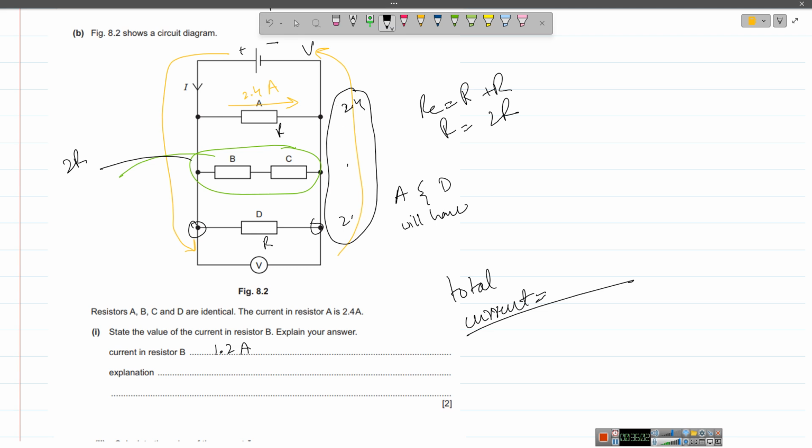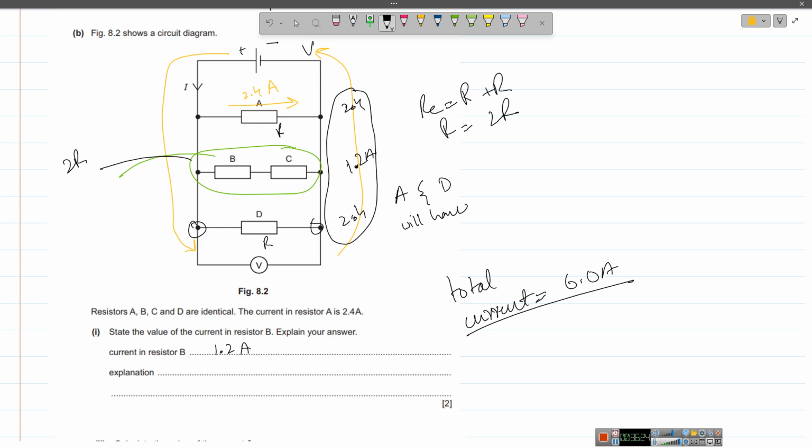So this is 2.4. This is 2.4 because they're identical. But since there is twice the resistance, that means the current is going to be a lot less. So 1.2 ampere, more resistance means lesser current. The current was correct, but the value of the resistance was 2R.